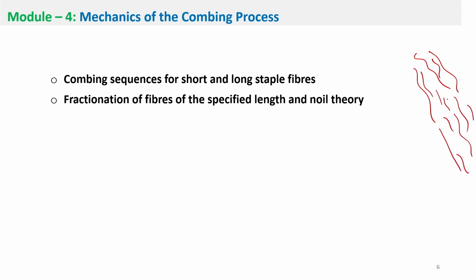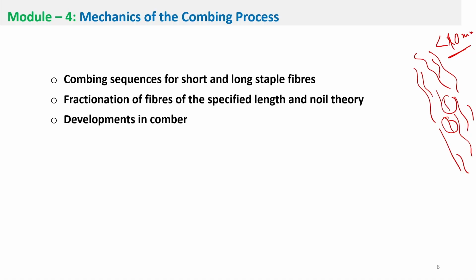If we want to remove fibers of a certain length, say lower than 10 millimeter, that is possible in the comber. And Noil theory: how to calculate the amount of Noil, that we will discuss here.